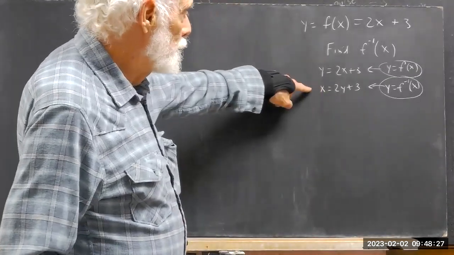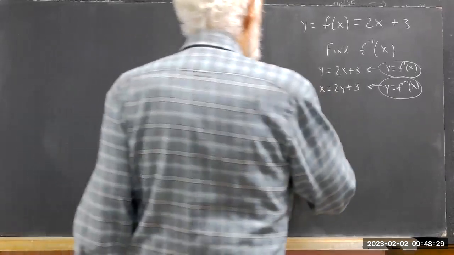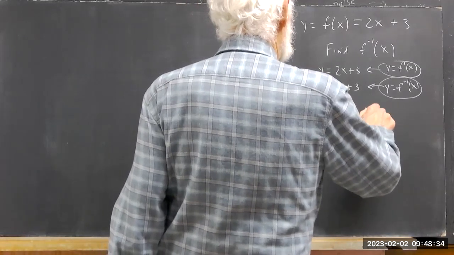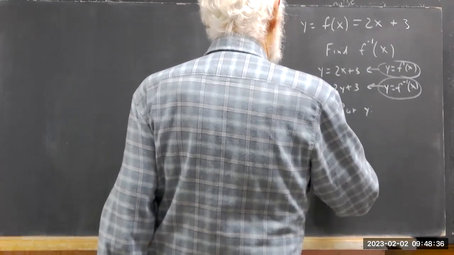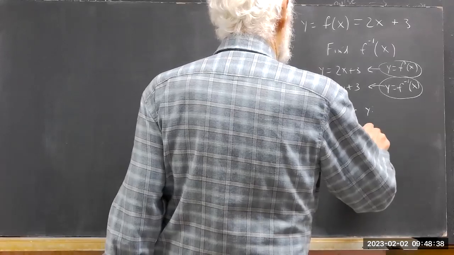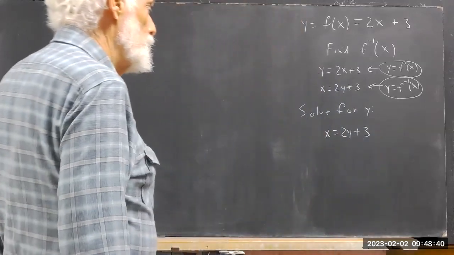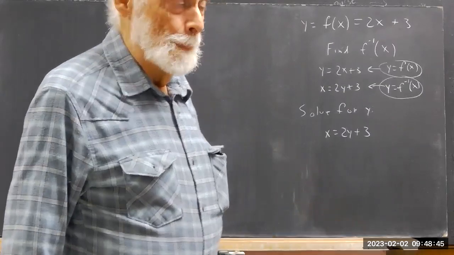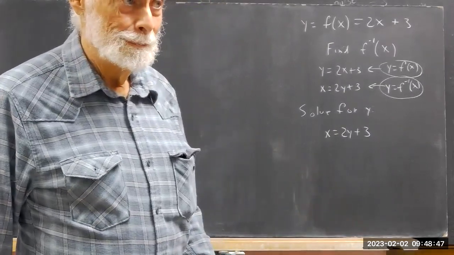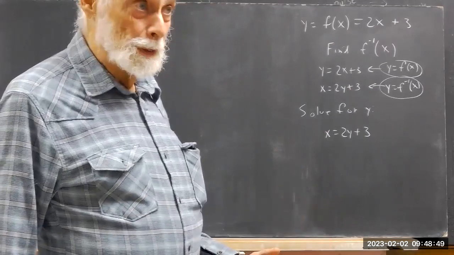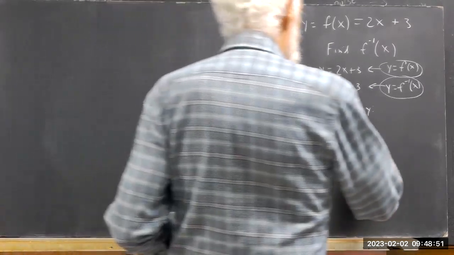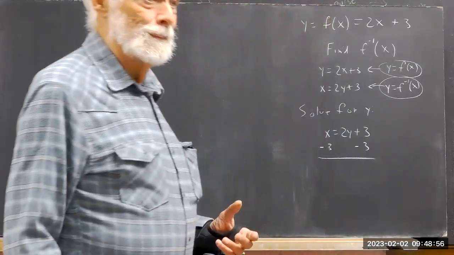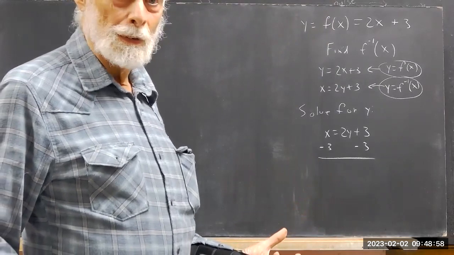Okay. So here, what we have to do is solve for Y. You've got X equals 2Y plus 3. I want to subtract 3 from both sides. Now, the way people like to do this, so I'm going to do it this way, is they put a -3 here and a -3 here. That's what people have been taught to do, I think.